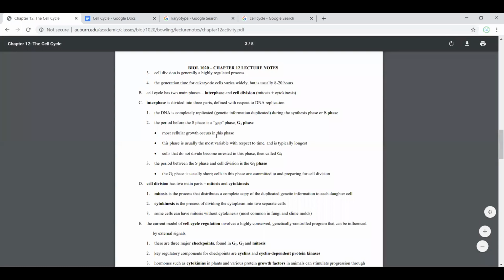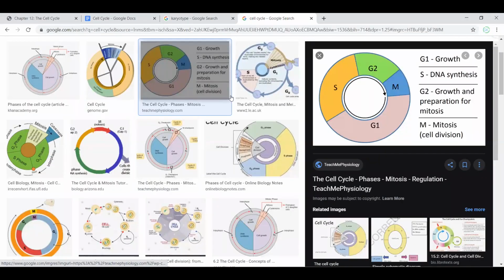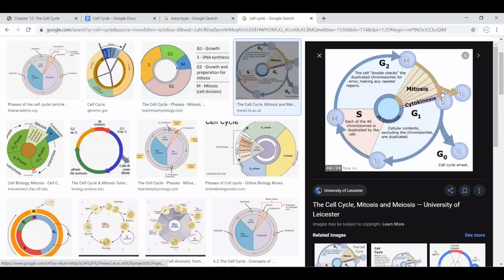Okay, so there's one more important part of the cell cycle that you should know, and that is the G0 phase. So you can see here we have the G1, the S phase, the G2 phase, but what's this here, the G0 phase? Some cells have a G0 phase.